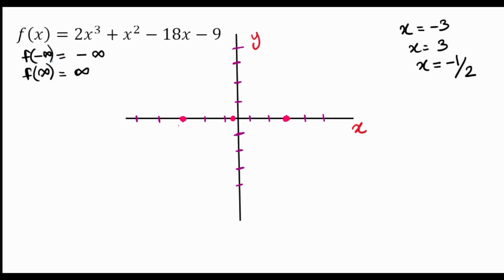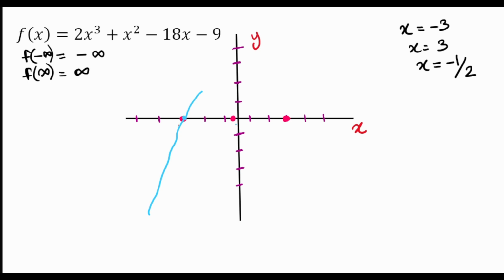So we know that at minus infinity, when x is coming from minus infinity, f of x is also coming from minus infinity. So it will come like this and will cross the x-axis at x is equal to minus 3. And it will go like this.